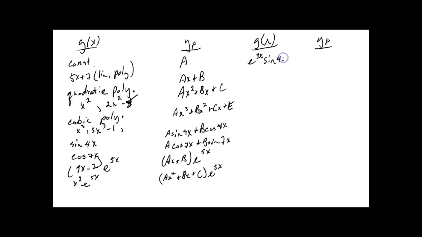What would be the form of y sub p? A sine 4x plus b cosine 4x, times e to the 3x. Okay, very good. All right, Taylor.